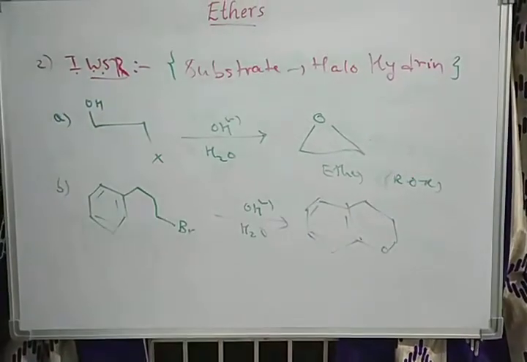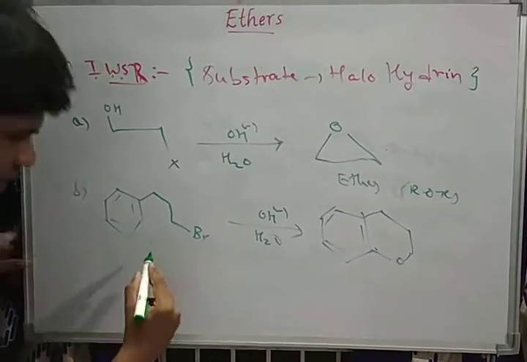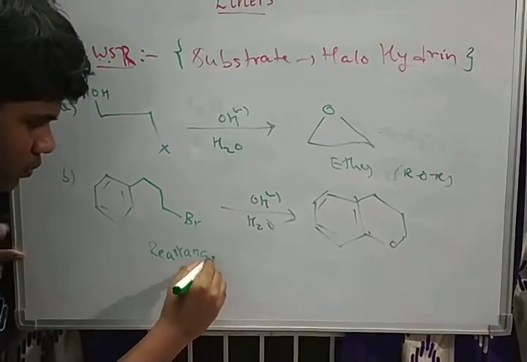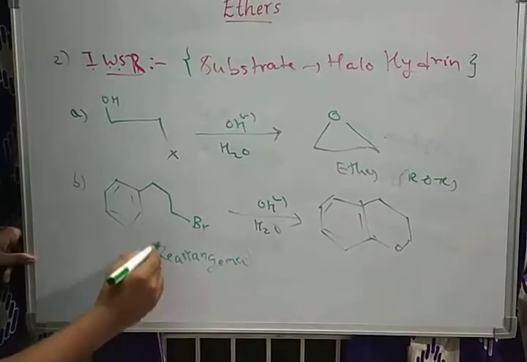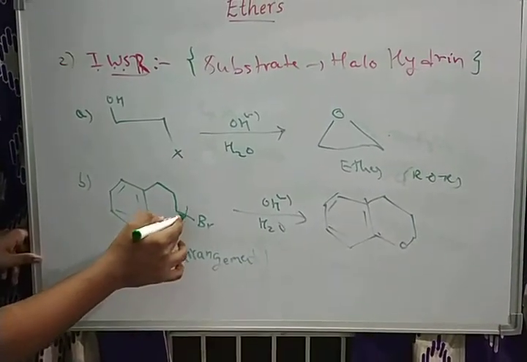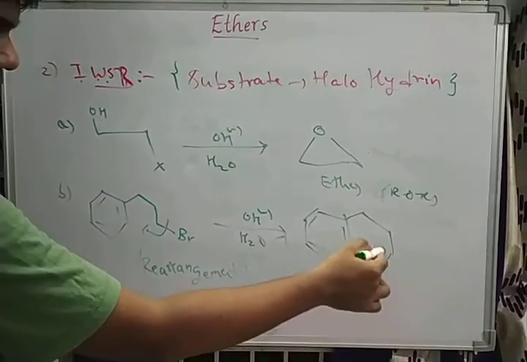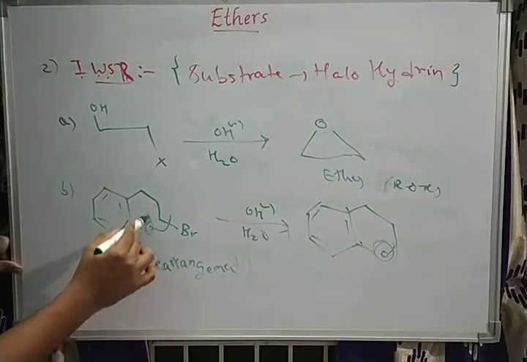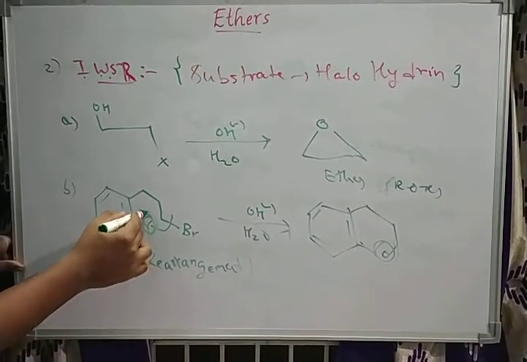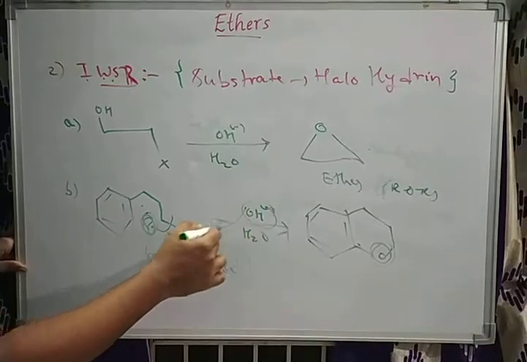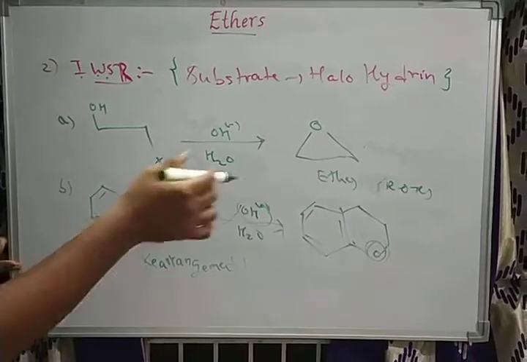Here some rearrangement takes place. Due to the rearrangement, this bond gets closed up, and the ether will be formed at this point. A bond will be formed, and then oxygen will attack here, so this OH minus attacks here to form the ether.